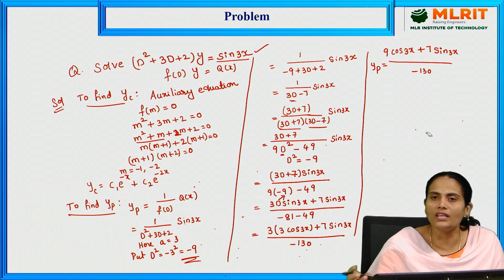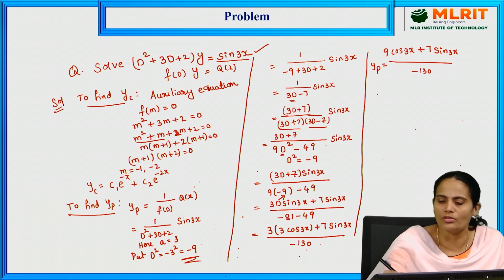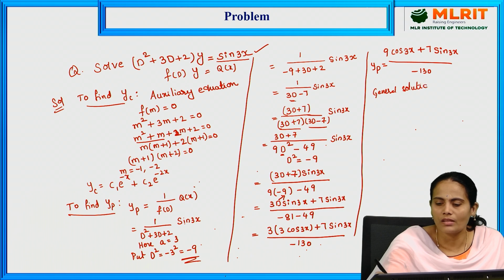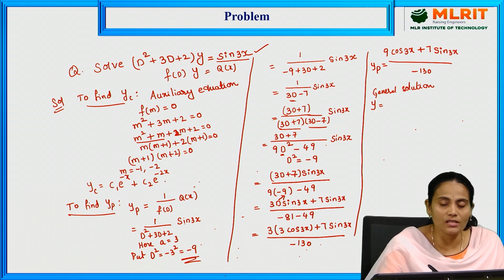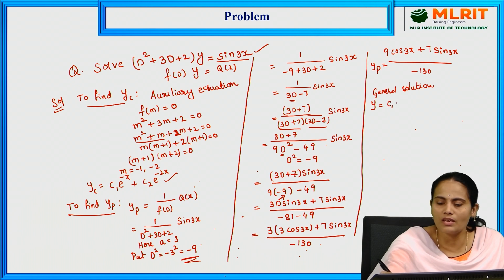Now finally we have to write the general solution. How can we write it? The general solution is y is equal to yc plus yp. This is the yc: c1 e power minus x plus c2 e power minus 2x.